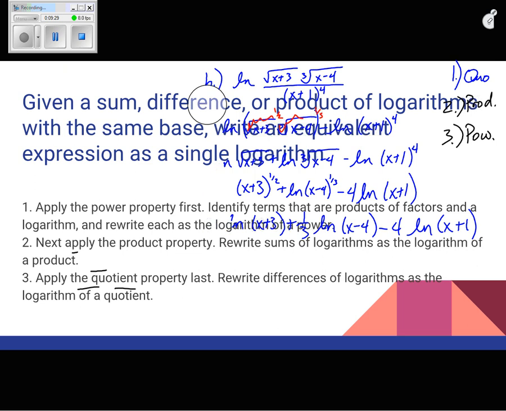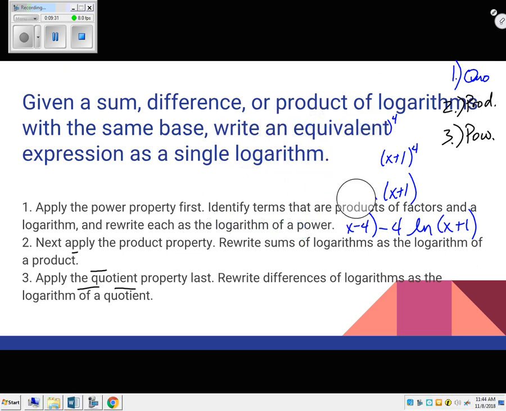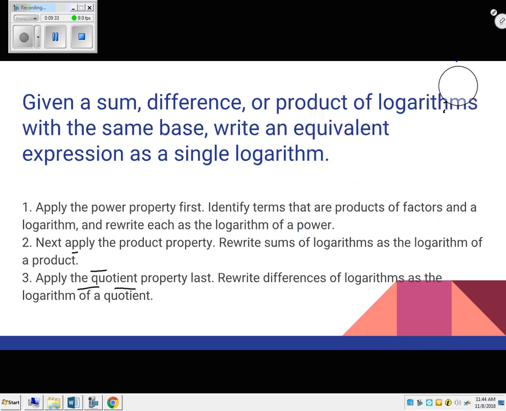Now, going the other way on this is just as popular as expanding it. It's a little bit quicker working it backwards. So what they're going to ask you to do is write the expression as a single logarithm. Now, I've got all the directions out here as to what to do, but notice the directions. What I just did last on those problems is now what I'm going to do first.